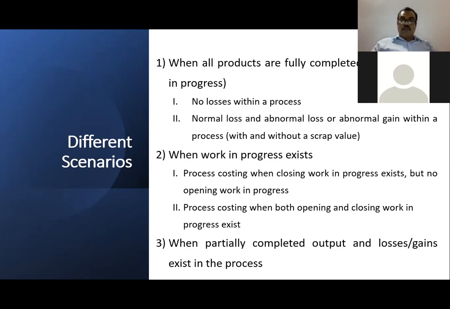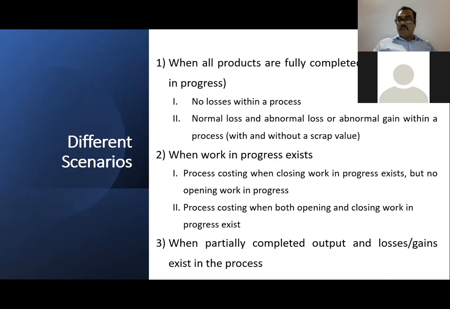In work in progress also, we can make it complicated. Difficulty level can be increased by assuming that there is only opening work in progress, and a situation where opening and closing work in progresses are there. Third one, when partially completed output, losses and gains exist in the production process.